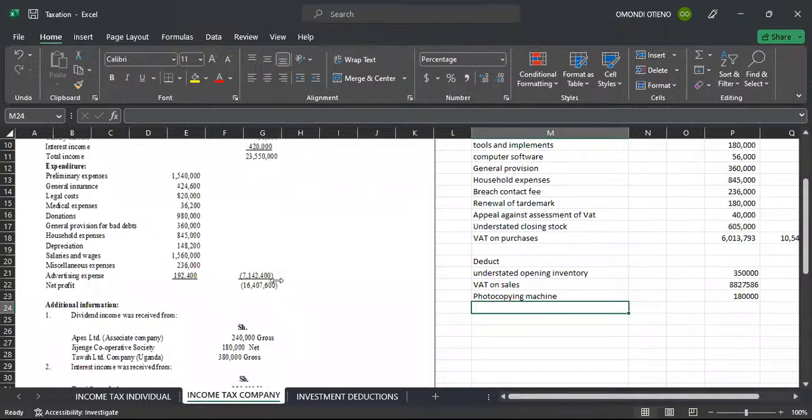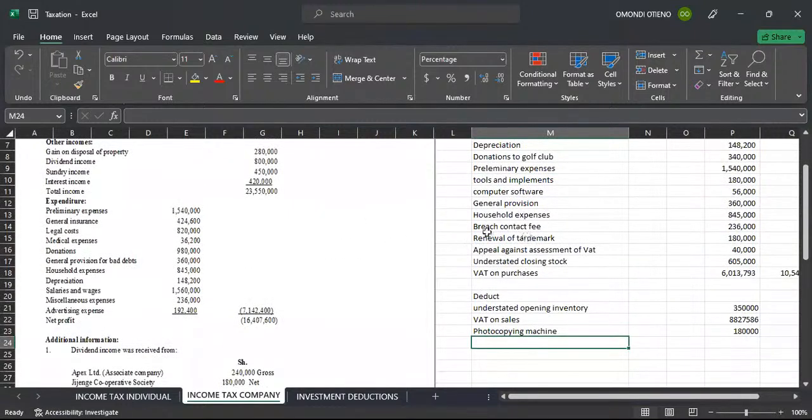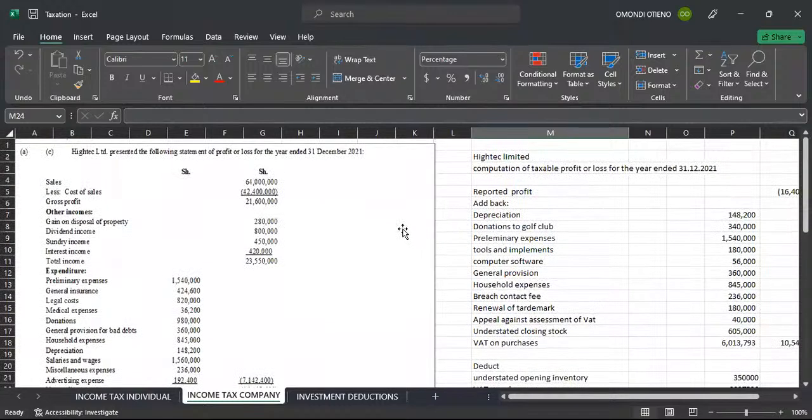So gain on sale of any asset which is received there should not be placed as an item that increases the taxable income. So you come to your income statement. After gross profit, there are normally other incomes. So the first item under other incomes, we have gain on disposal of property.